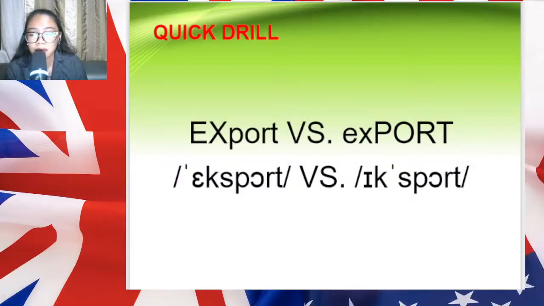Yes, I am referring to export, the first syllable being the stressed syllable. We can use it in a sentence like saying coconut oil is a major export of the Philippines.